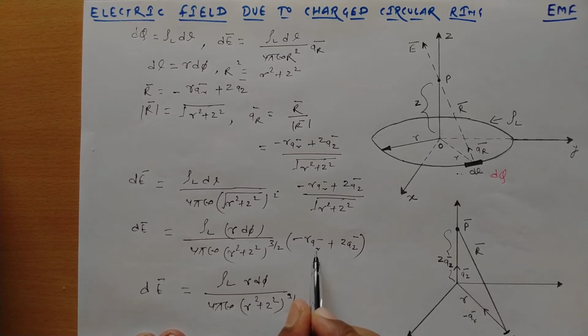And this aR component will be eliminated, so we'll get only the Z aZ component here. Okay, now to find the total electric field intensity, we have to integrate this whole term with respect to phi, and as we know, phi varies from 0 to 2 pi. So we'll integrate this term from 0 to 2 pi.